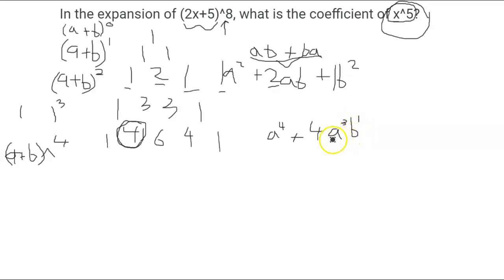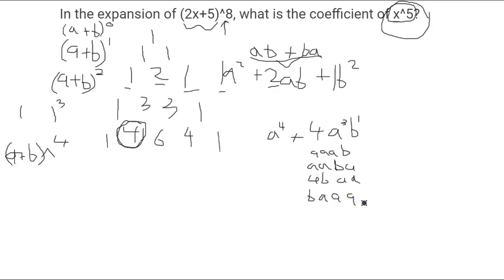There are actually 4 ways to have 3 A's and a B, right? What if we had the 3 A's first and the B? What if we had 2 A's first, a B and then an A? What if we had an A, a B, an A, and of course the last one you can probably predict, I'm going to write down B, A, A, A, right?